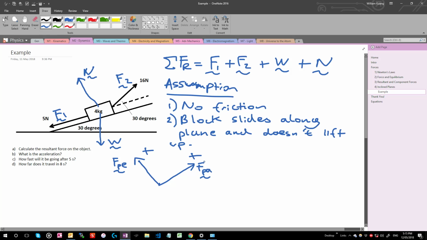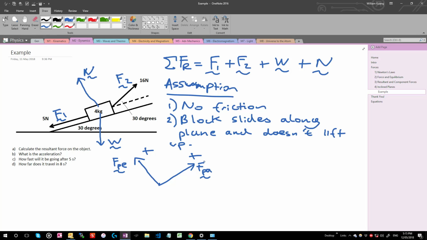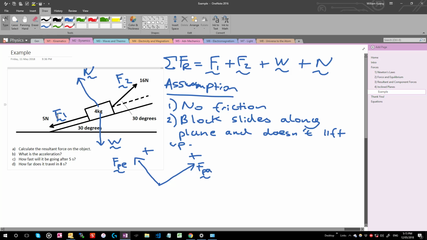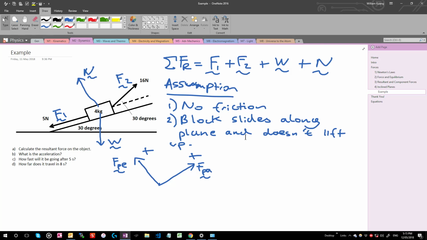The reason we do this is because we already have a force in the parallel direction, and when you consider all the forces relative to the plane, resolving the components is much easier. So we don't consider the x and y components. We consider the parallel and perpendicular components.